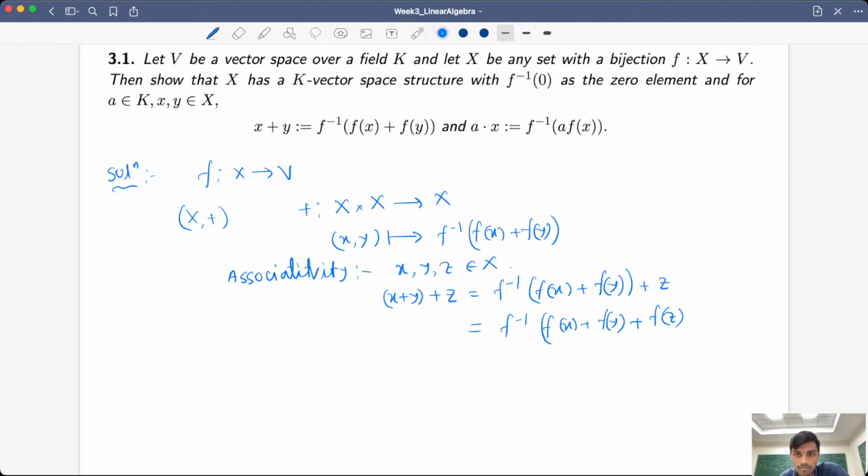So this I have by definition, but in the bracket you have fx plus fy plus fz. This plus is in the vector space V, and as V plus is associative, I can write it as fx plus (fy plus fz).